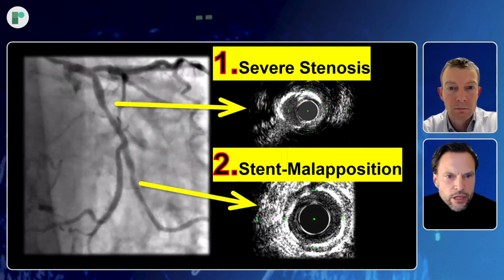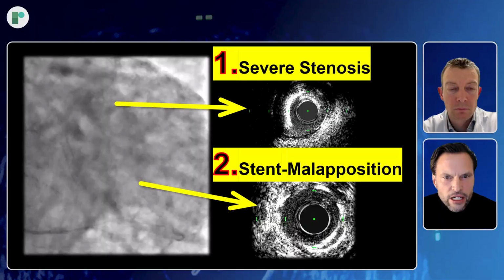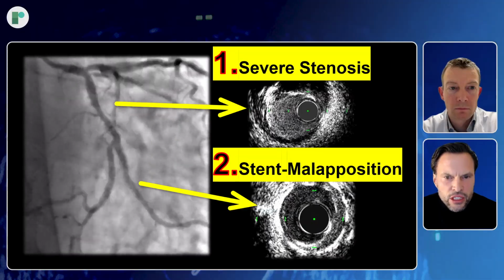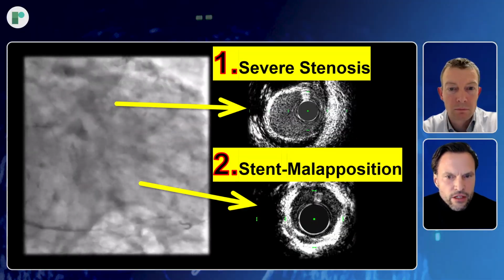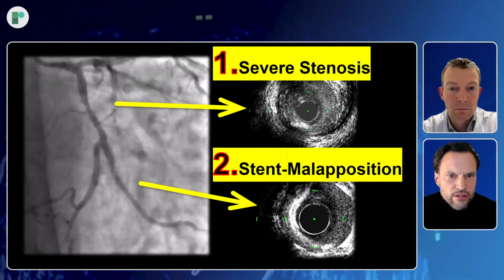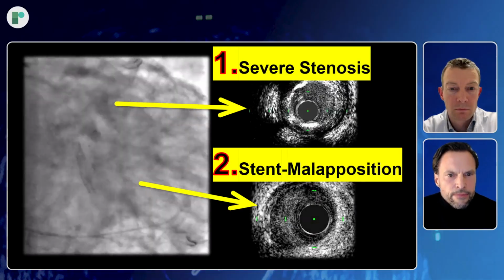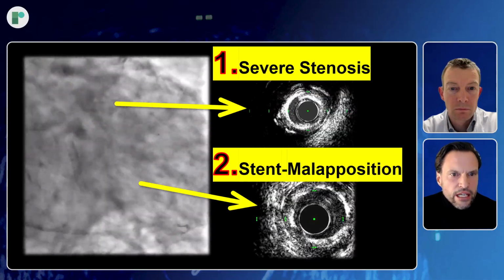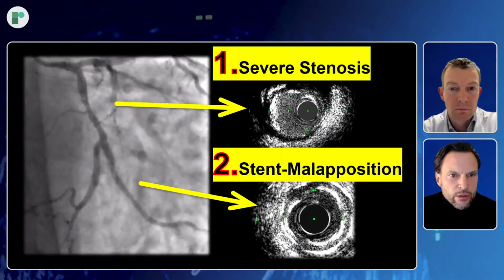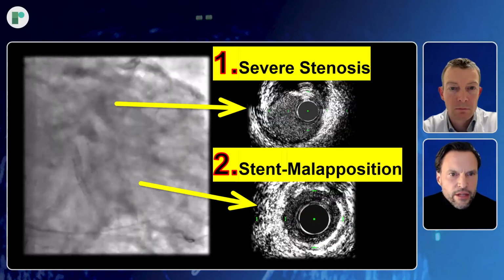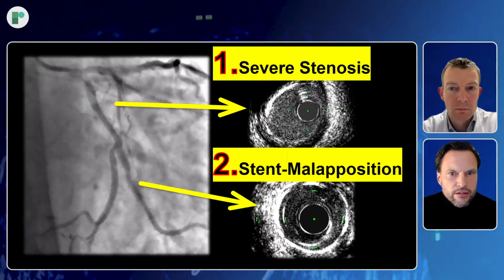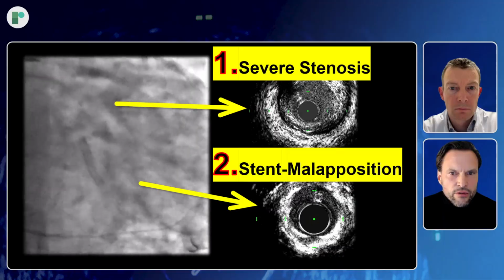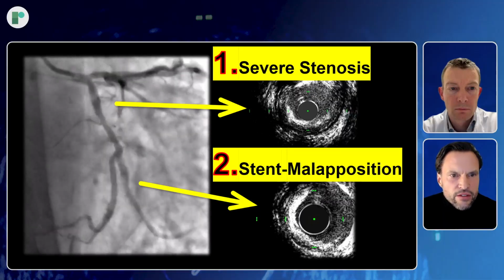In the distal part of this circumflex, there's a stent malapposition, which is maybe significant for this patient and increases the risk for target lesion failure. And what I did not expect in this case was that in the proximal part of the RCX, there was a severe stenosis with a lot of plaque formation.